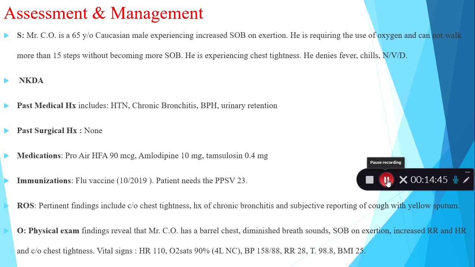He also has bilateral lower extremity edema that is non-pitting. He is also noted to have a prolonged expiratory phase in his respiratory cycle.